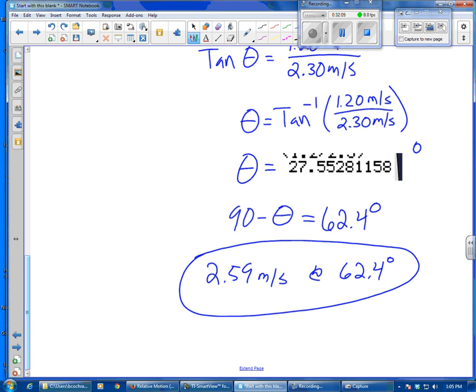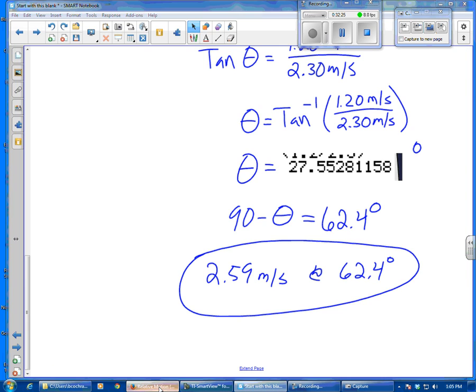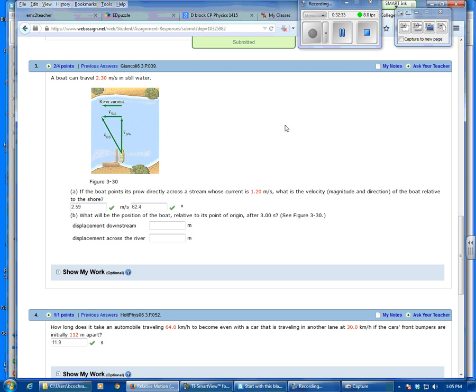Let's hope that's right. It's the 90 minus because alpha plus theta equals 90 on that diagram that I did. I can show you in a minute. 2.59, 62.4. As soon as I see if I'm right or not. Yep.